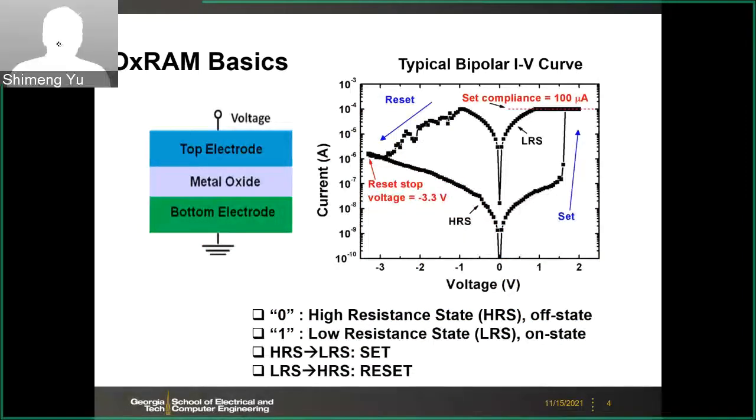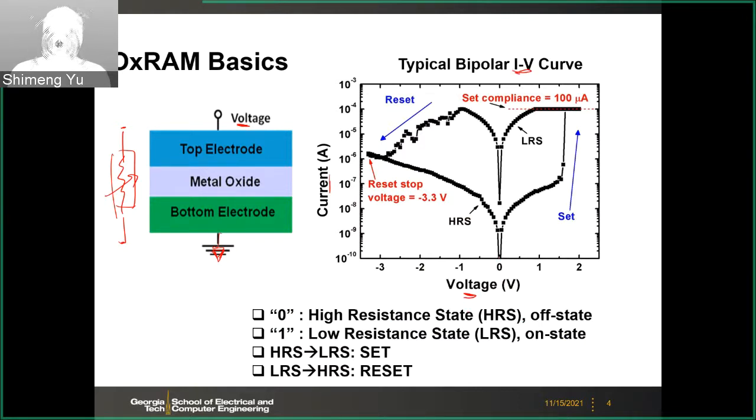So this RRAM basics, we already briefly discussed. You have a 2-terminal device. It's a resistor, essentially. And if you apply ground voltage to the bottom electrode as a reference, and then the external voltage is applied to the top, then we can do this so-called double sweep for the current versus the voltage, this IV curve.